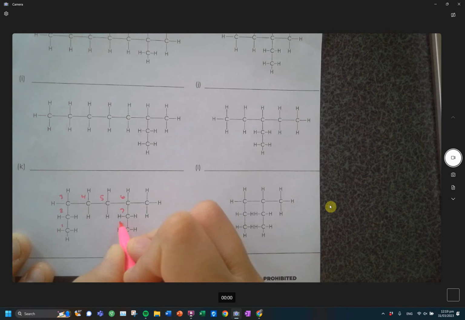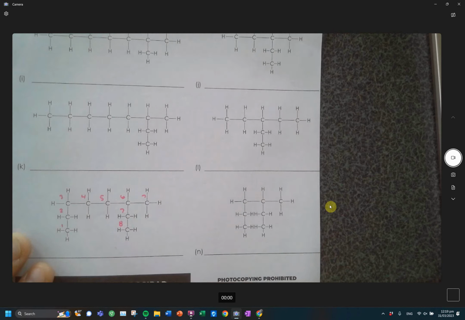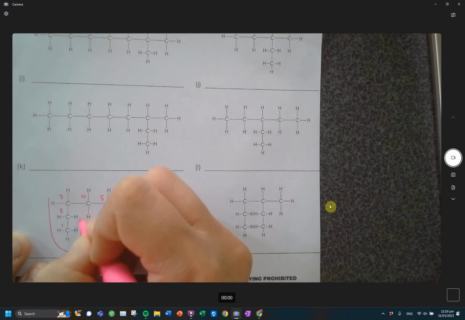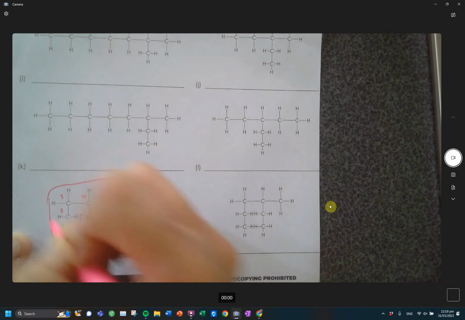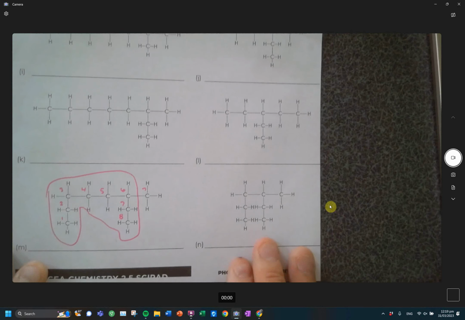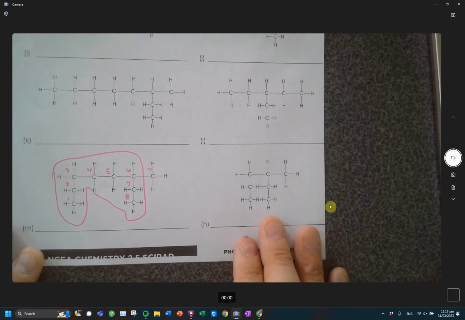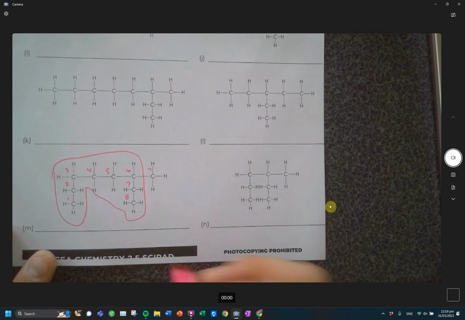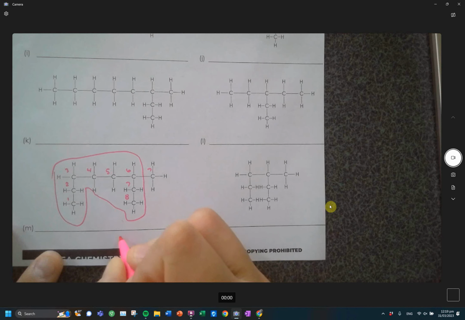That one's 7, 8. And if I go this way, it would just be 7, right? So this is my longest chain going that way around, like a little snake. So that's my longest chain. You guys see how I found that one? Because if I went the other way, it would just be 7. All right, 8 is what? Octane.